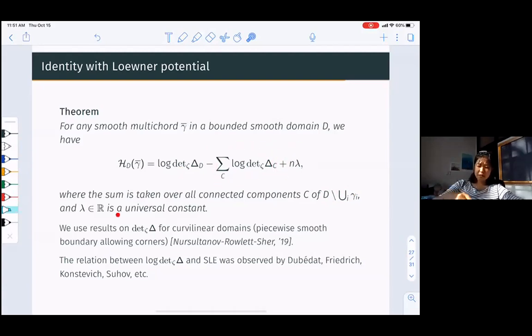And there's some universal constant that one can compute, but we didn't. So it gives you a very simple expression for the Lagrange potential in terms of log determinants of Laplacians.